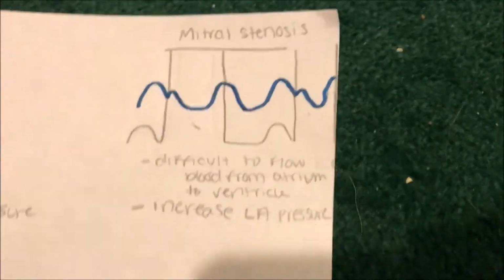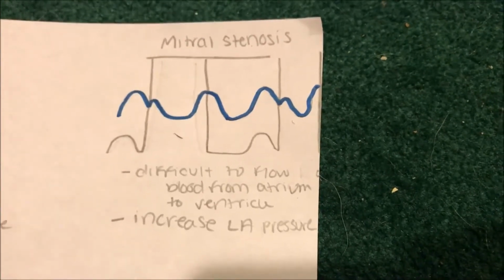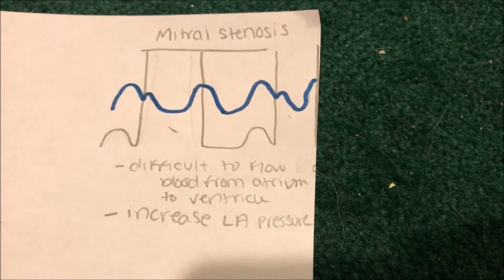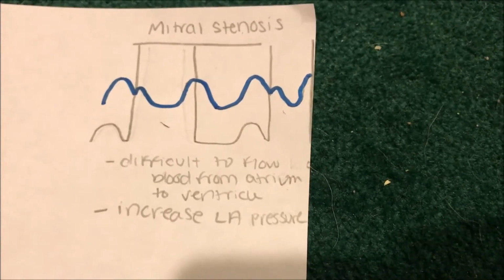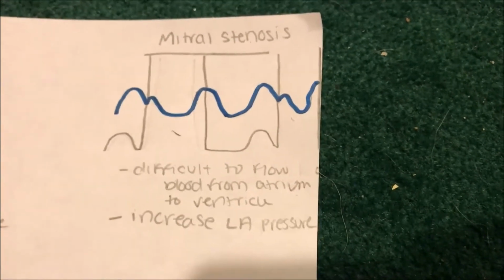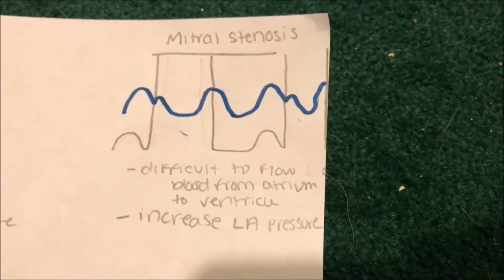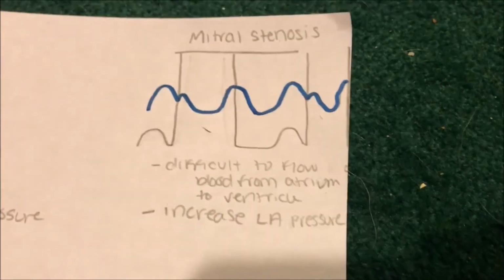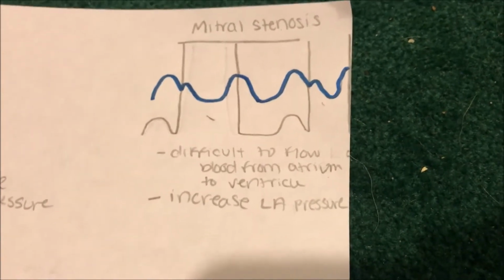Next we have mitral stenosis. So the mitral valve is in between the left atrium and the left ventricle. What happens in mitral stenosis is like the aortic stenosis, the valve is very tight. So the normal looking waveform looks about like this.